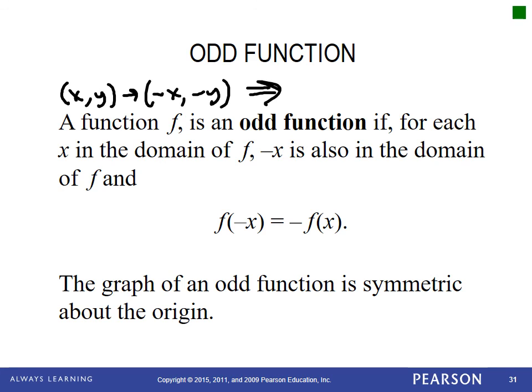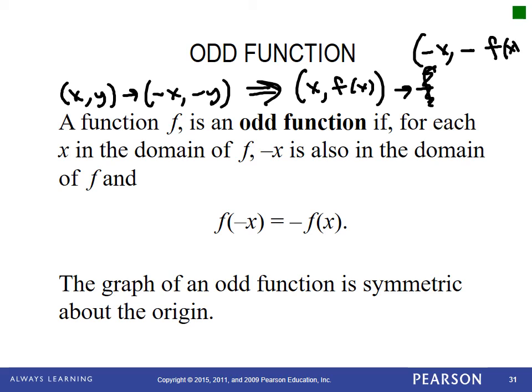But now in terms of a function, if I have an x and a positive x, this is kind of like y here. That means if I plug in a negative x, what needs to happen is it's going to give me the opposite of my original function.